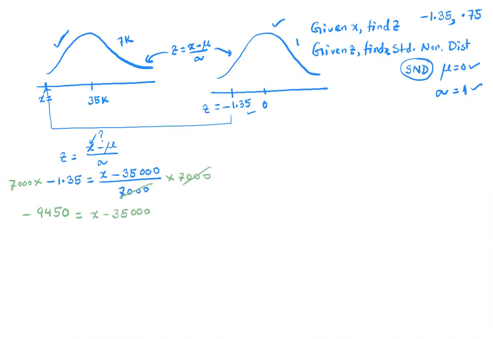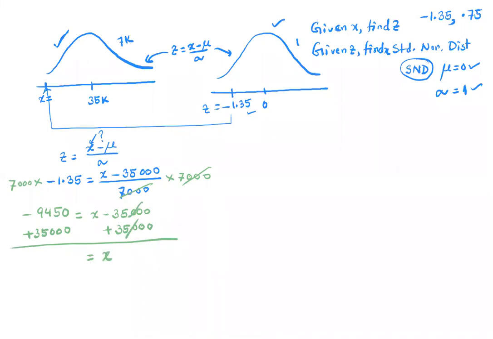Now to solve for X, I add 35,000 to both sides. On the right-hand side, negative and positive cancel out, giving me X.